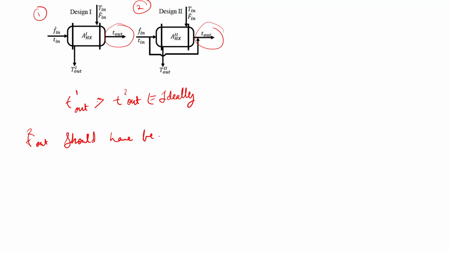So the ideal T2 out should have been higher than T1 out.